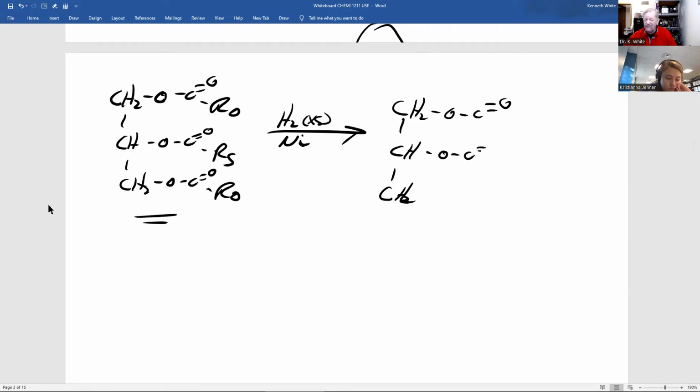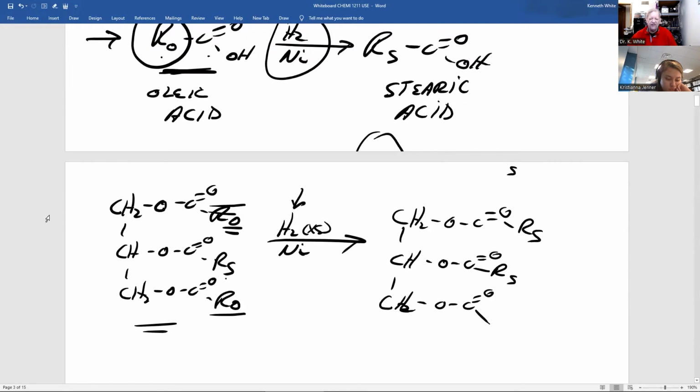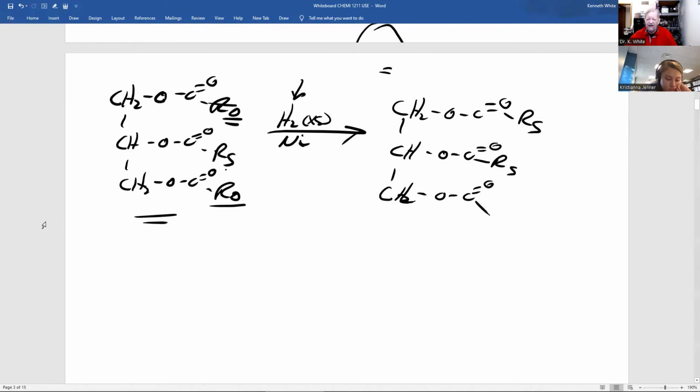I'll still have this ester. But this R sub O, when you hydrogenate it, becomes R sub S. This R sub S isn't going to react. And this R sub O, just like you learned up here, R sub O becomes R sub S, stearyl group, and this is what you get.